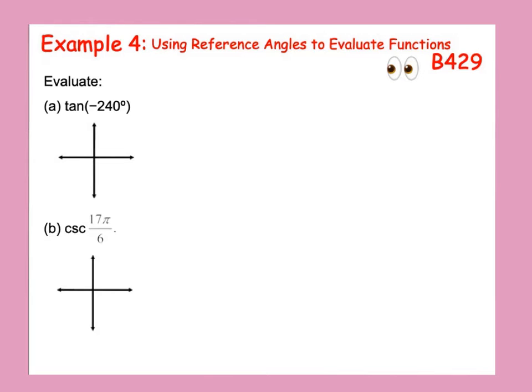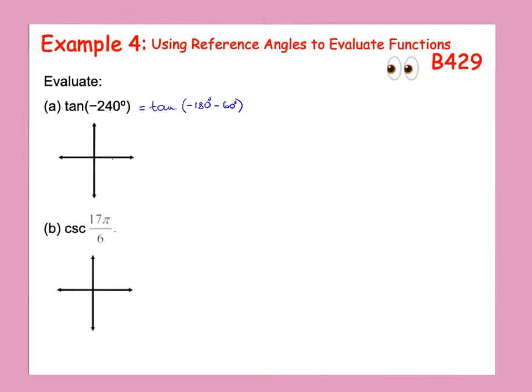So let us look at the next example using reference angles to evaluate functions. We need to evaluate tangent of negative 240 degrees. So the first thing I'll do is rewrite tangent of negative 240 degrees as negative 180 degrees minus 60 degrees, which would actually give me negative 240.